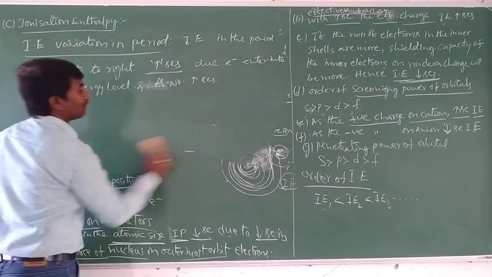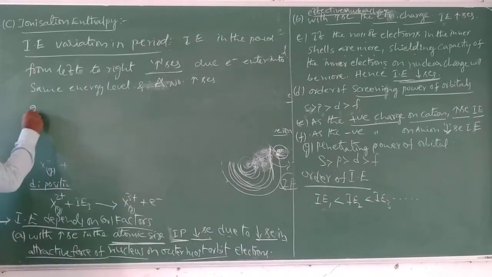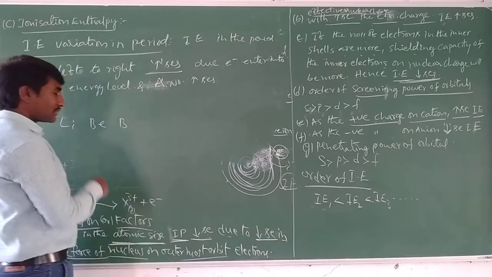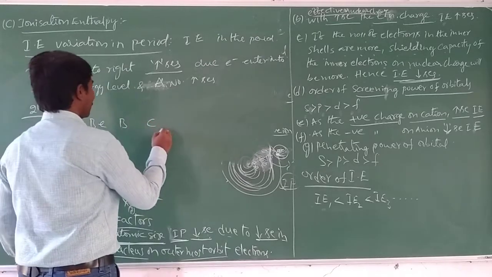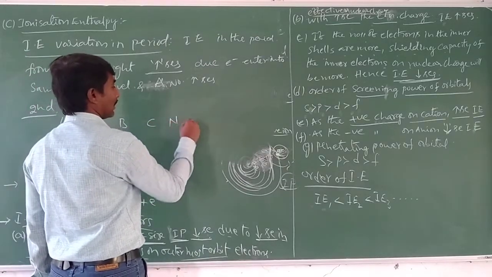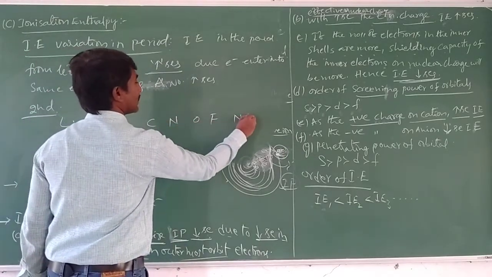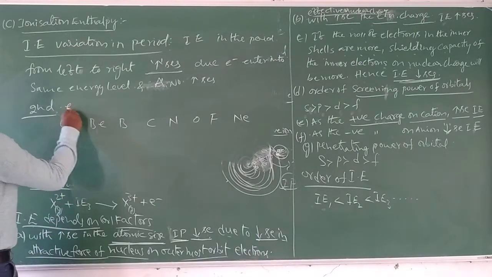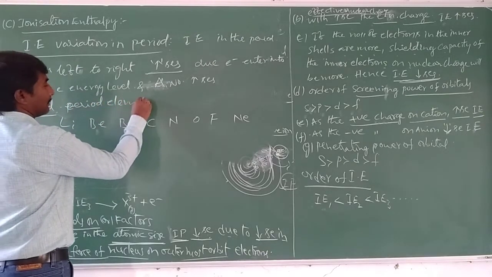However, we have to see ionization enthalpies in the second period elements: lithium, beryllium, boron, carbon, nitrogen, oxygen, fluorine, neon. 1, 2, 3, 4, 5, 6, 7, 8. These are the second period elements.